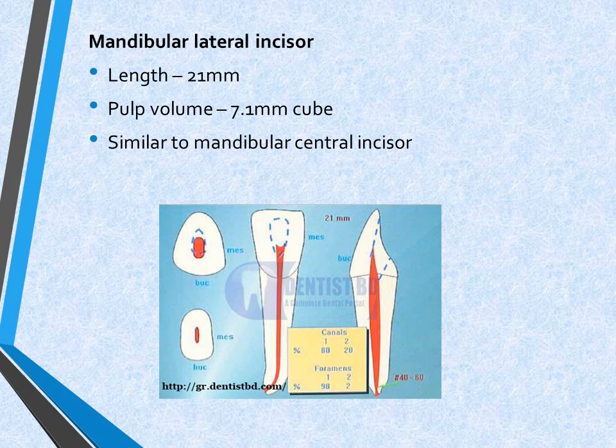You can expect one canal for your mandibular central, but for your mandibular lateral, the chances of actually having two canals are significantly higher. There is a 44% chance of having two canals, one buccal and one lingual canal. So that has to be kept in mind when you are doing your access opening for your mandibular lateral incisor.